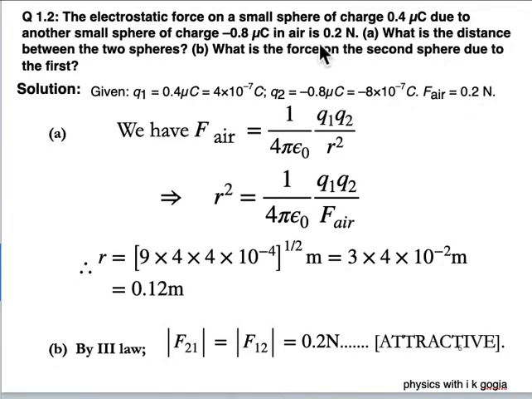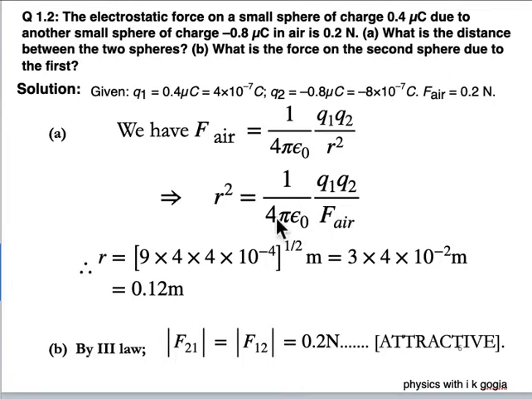Force is in air, which again means we will be using the same constant 1 over 4 pi epsilon naught for vacuum or air because the two values happen to be the same. So the formula, force in air 1 over 4 pi epsilon naught Q1 Q2 over r square. The unknown is r, so we just have to rearrange the formula. R square is 1 over 4 pi epsilon naught Q1 Q2 over force in air.